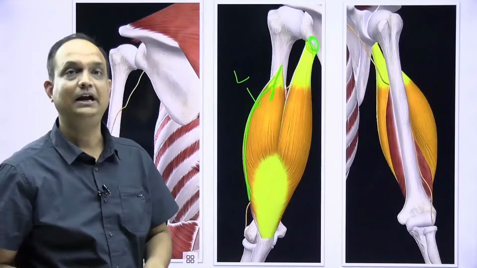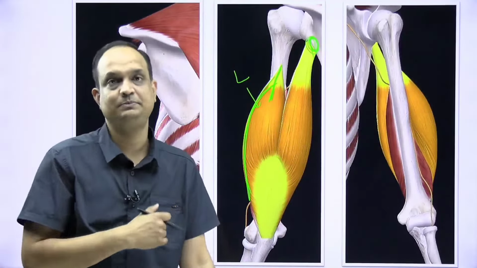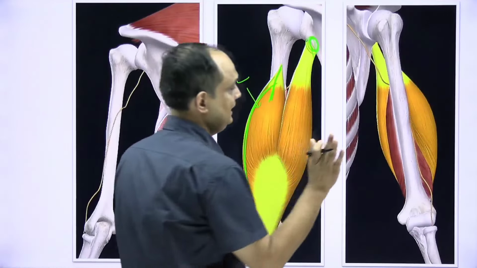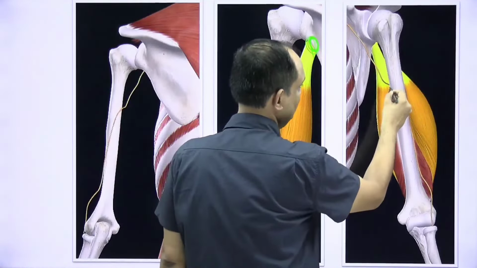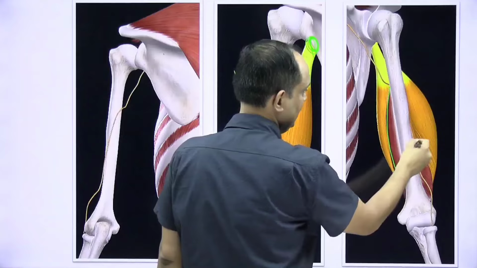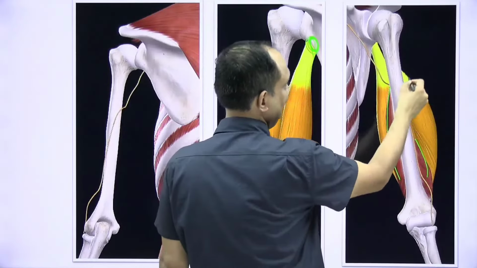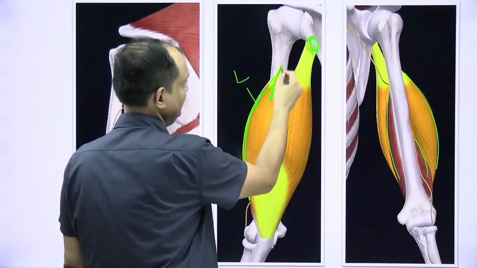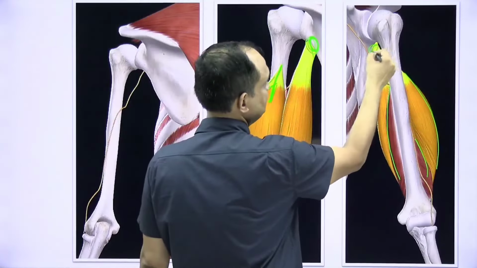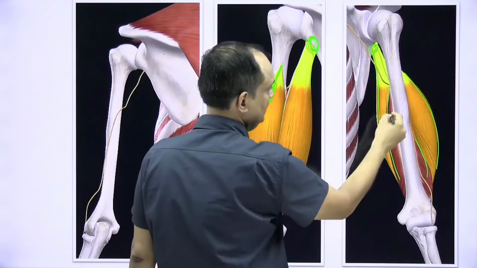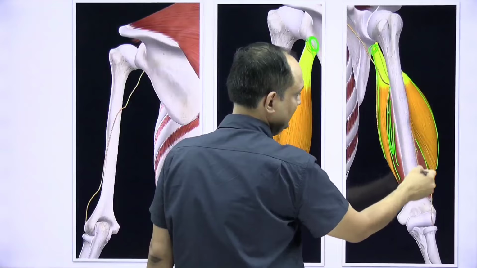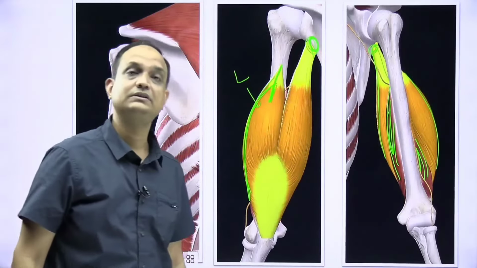To see the medial head, you have to see the anterior aspect of the triceps. When you see the anterior aspect, you can see this is the medial head of the triceps. So, this is the lateral head which is coming from the lateral ridge, this is the long head which is coming from the infraglenoid tubercle, and this is the medial head which is coming from the posterior surface of your humerus.